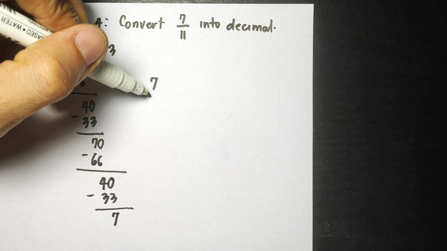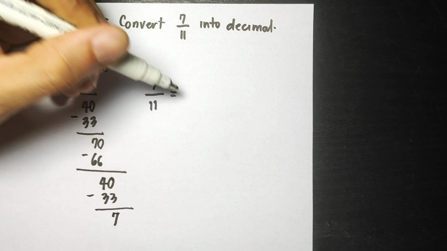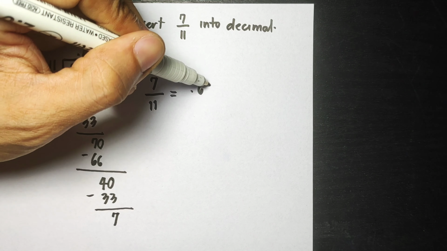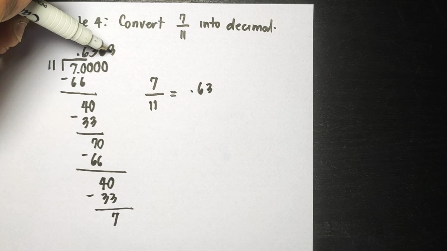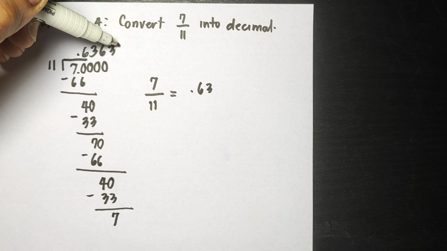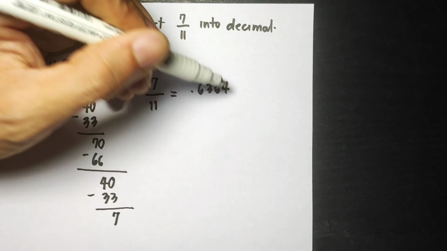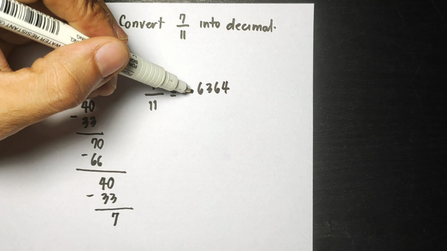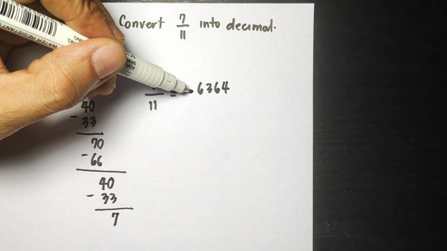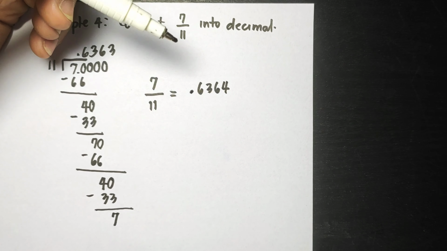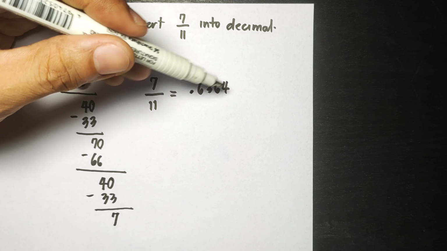So, we can now say that 7/11 is equal to, let's round up here. The next digit here is 6, so we make it 4. So, this is now 0.6364, or 6,364 ten thousandths.